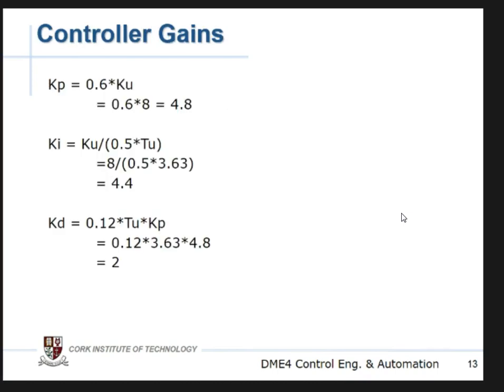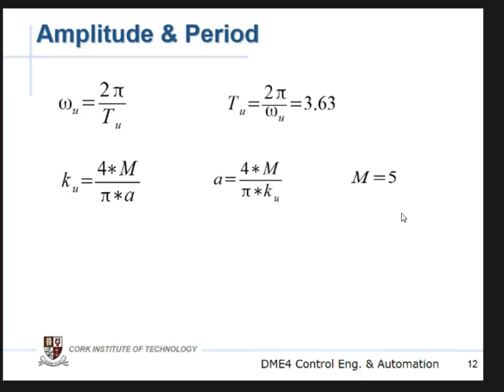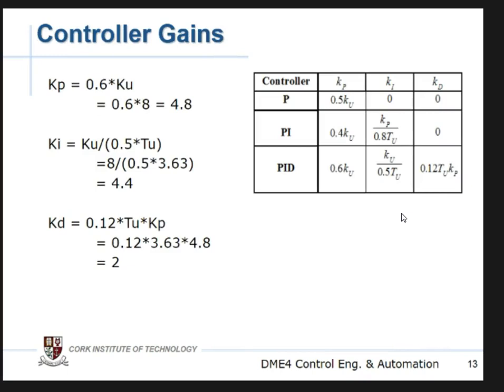The last part of the question is really straightforward. It's to calculate Kp and Ki, or Kp, Ki, and Kd, it doesn't matter. To do that, you need to know two things: the ultimate gain and the period. We've just calculated both of those things.